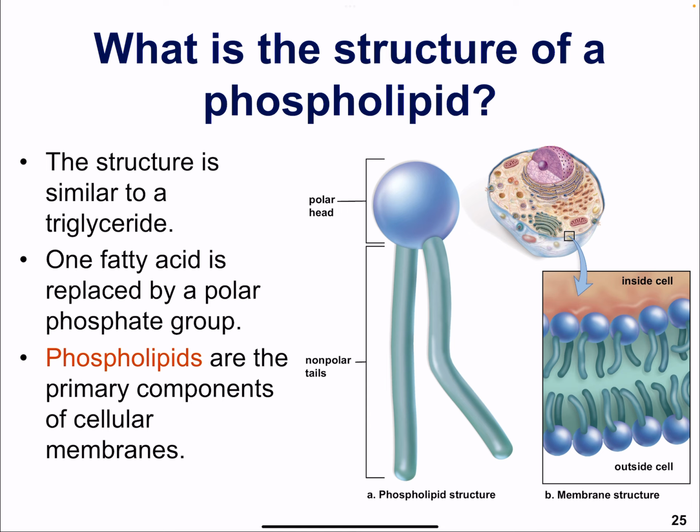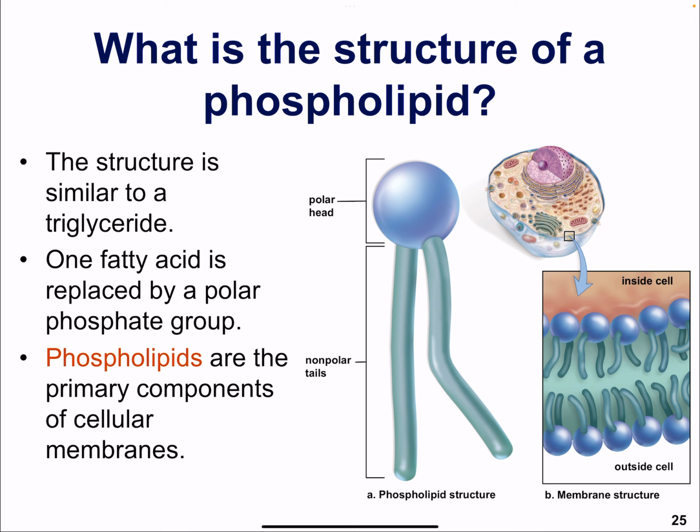So we talked about the fats. Oftentimes, these fats are going to be modified in our cells. How so? They are going to be modified so that one of the fatty acids is going to be replaced by a phosphate group, so that we are going to have a fat molecule that is phosphorylated.